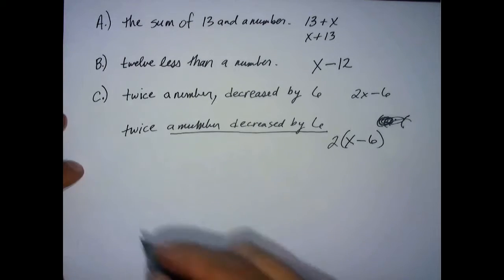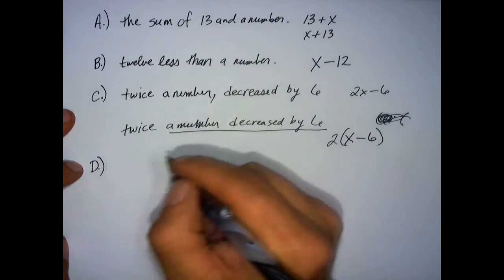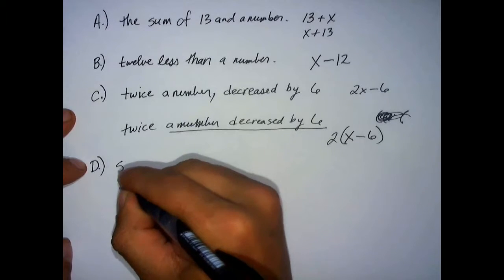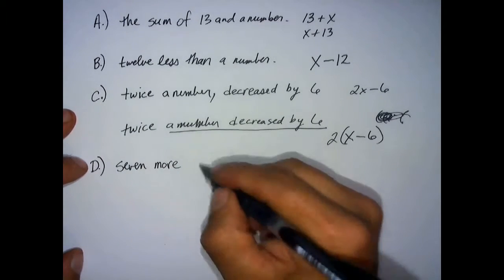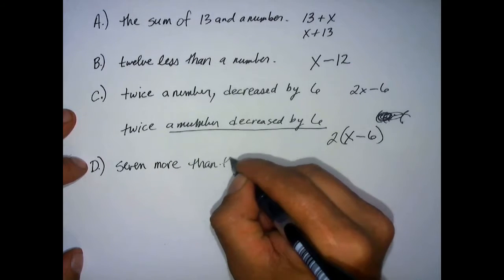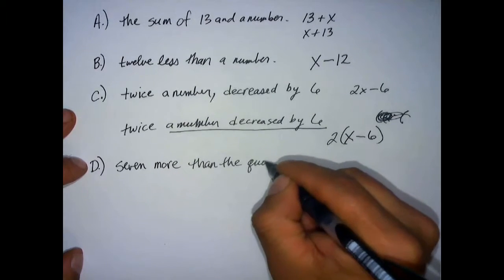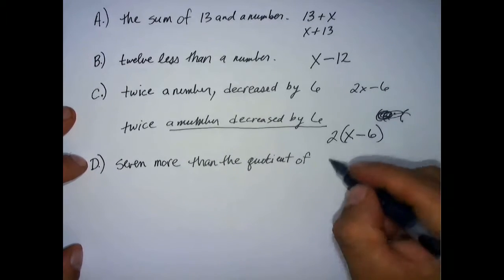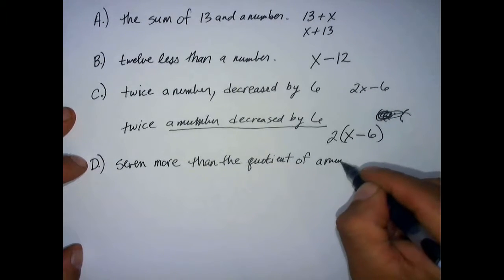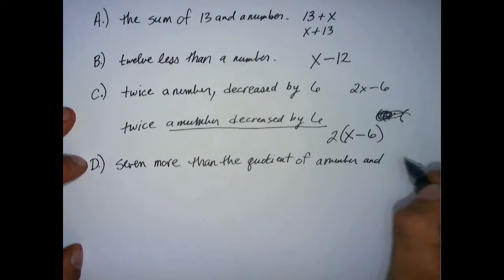We didn't do one with a quotient last time, so let's do one with a quotient. 7 more than the quotient of a number and 9.